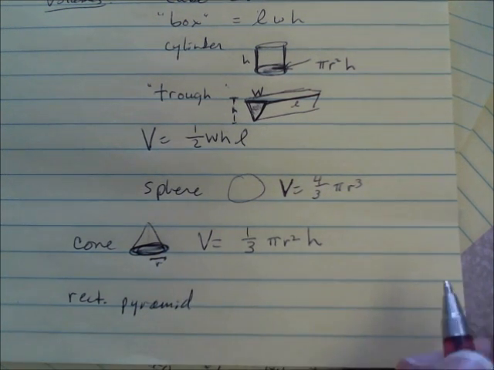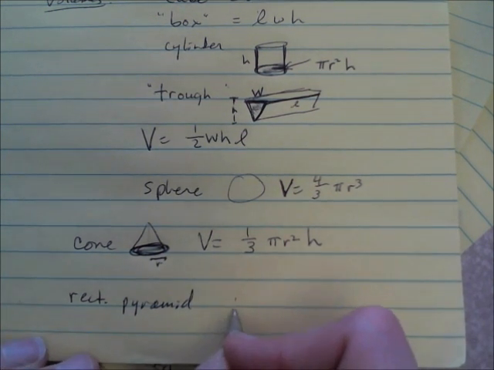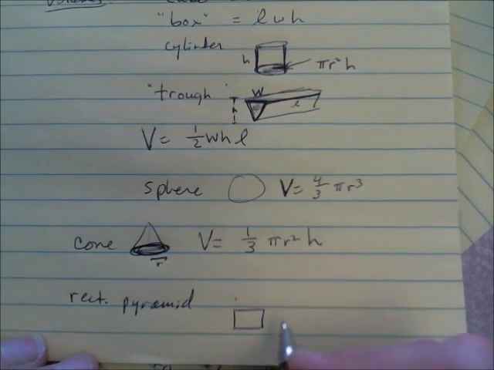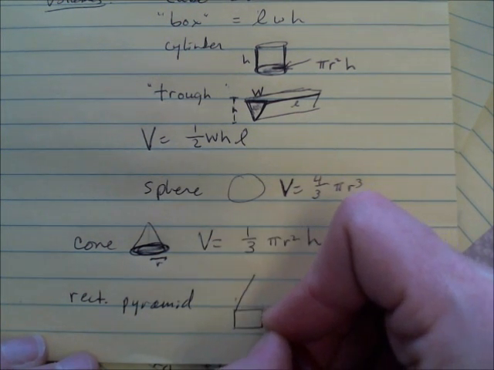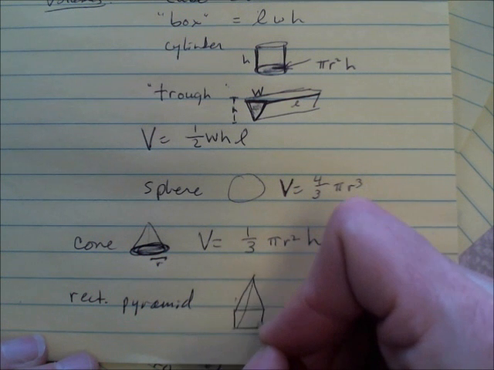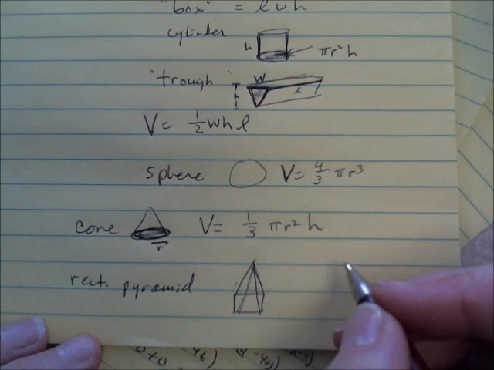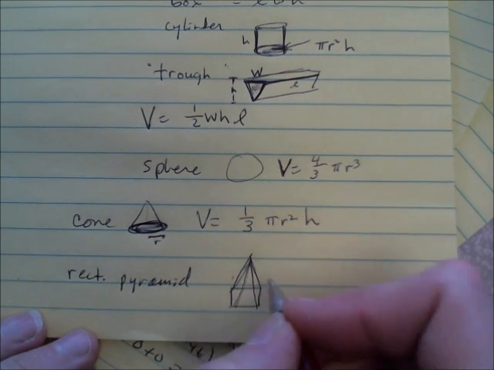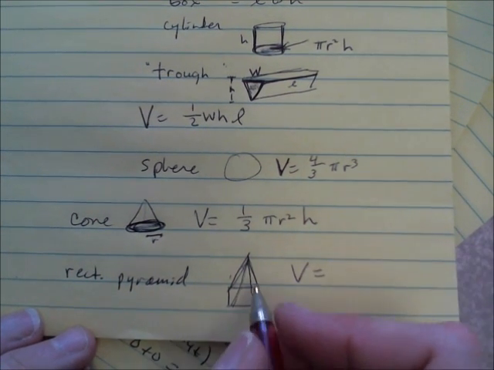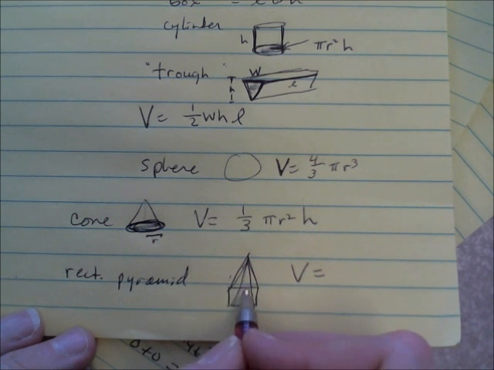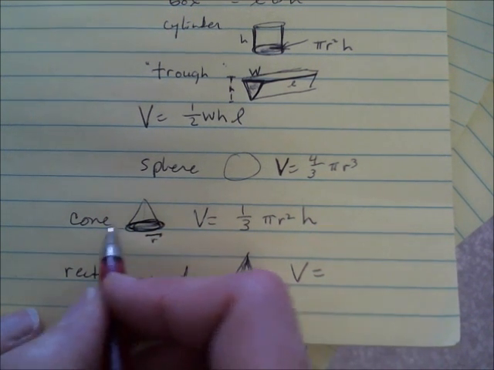A rectangular pyramid has a rectangular base, usually it's square, and then it has sides that come up like this, and you studied this in geometry. But the volume of a rectangular pyramid is the same thing as the cone.